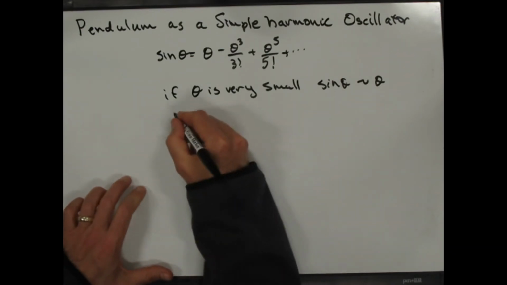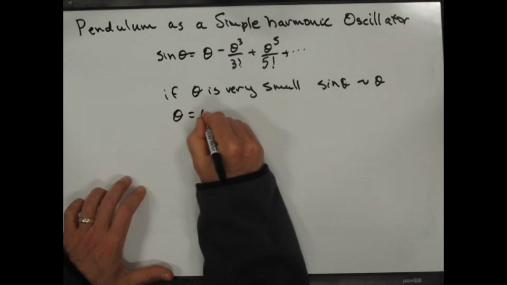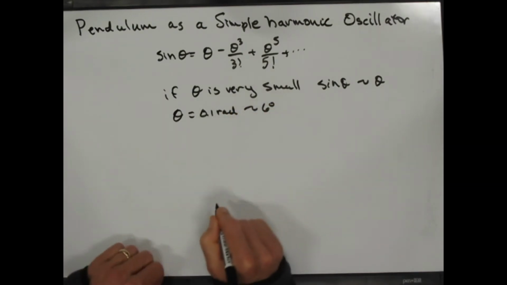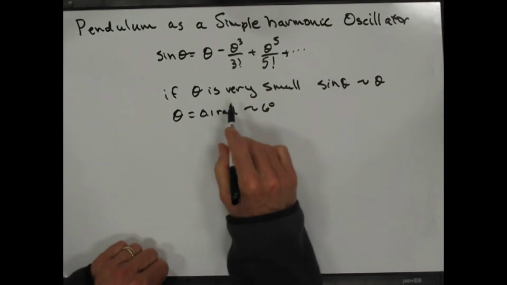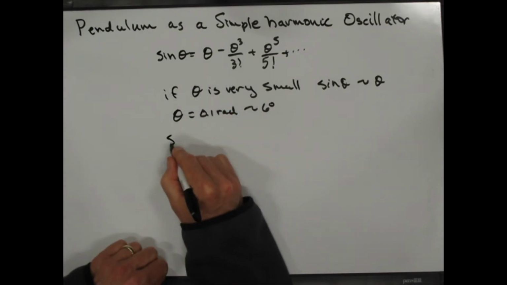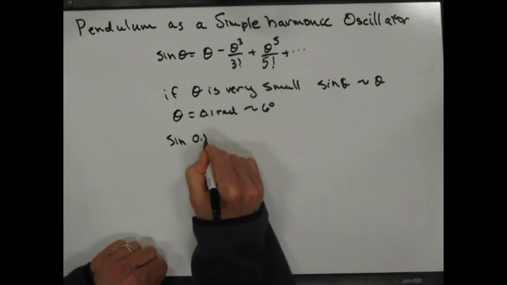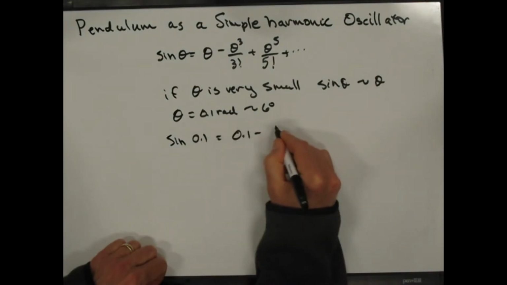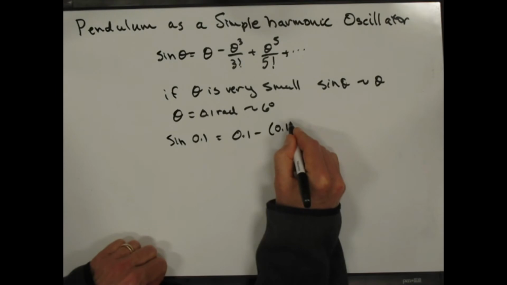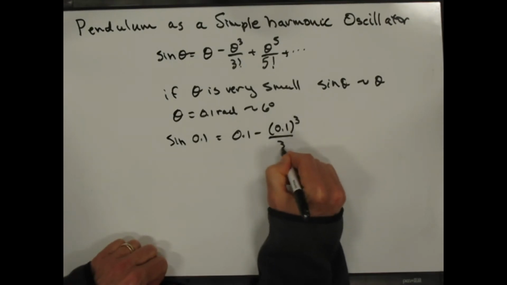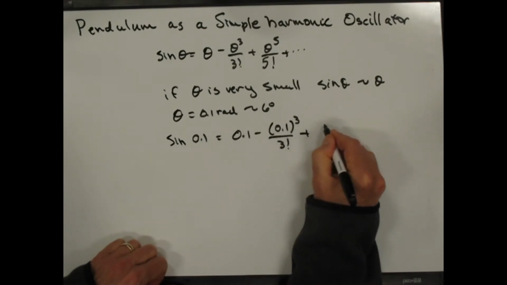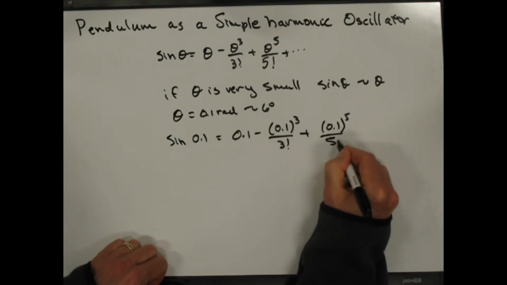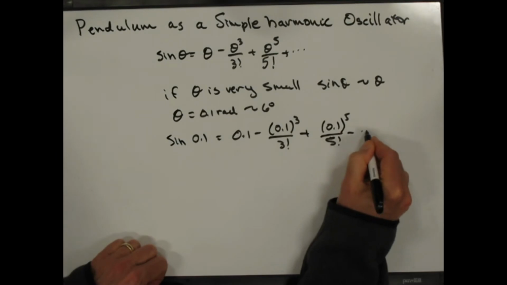So for example, in radians, theta equals 0.1 radians. That's about 6 degrees, right? And so sine of 0.1 radians is equal to 0.1 minus 0.1 cubed over 3 factorial plus 0.1 to the 5th over 5 factorial minus, and so on.